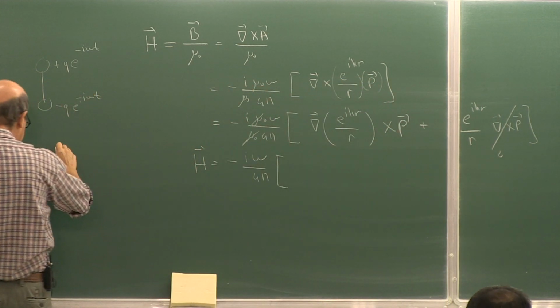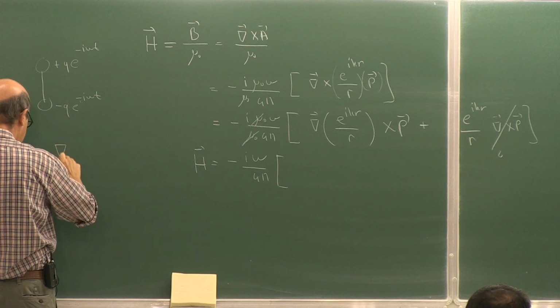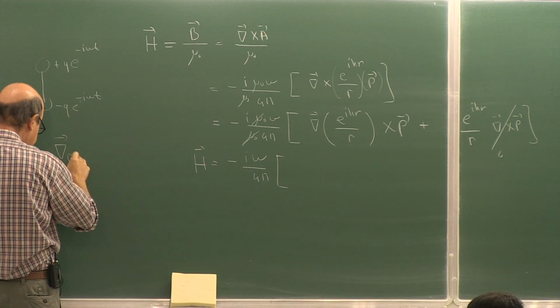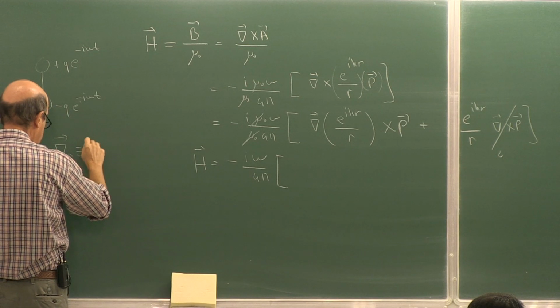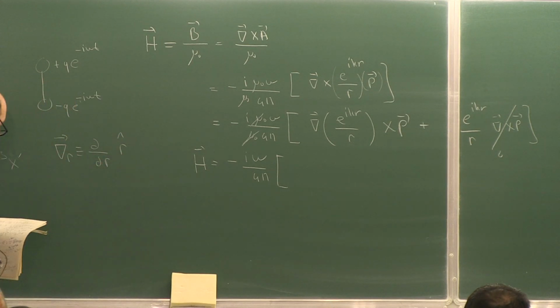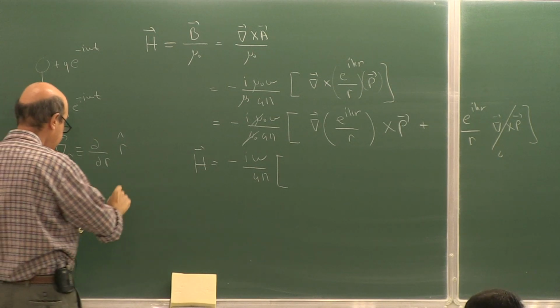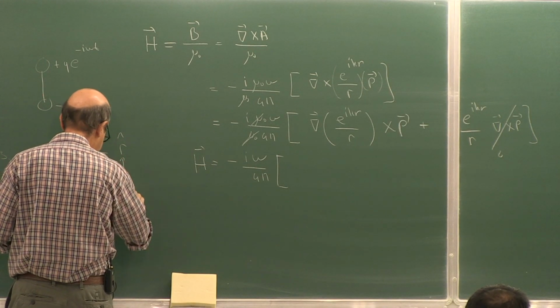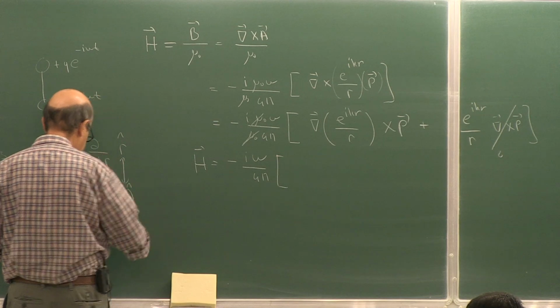So we can define the gradient with respect to r only, del over del r times r hat, and I'll take r hat later as the n hat unit vector.